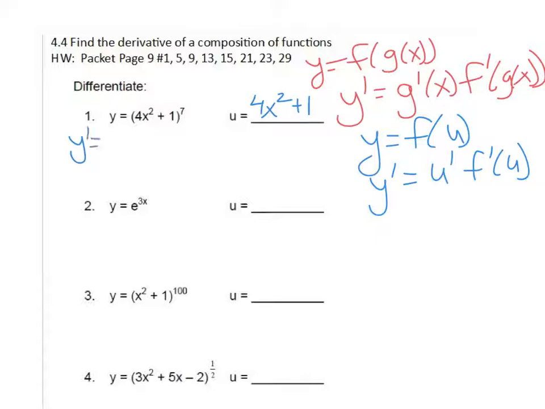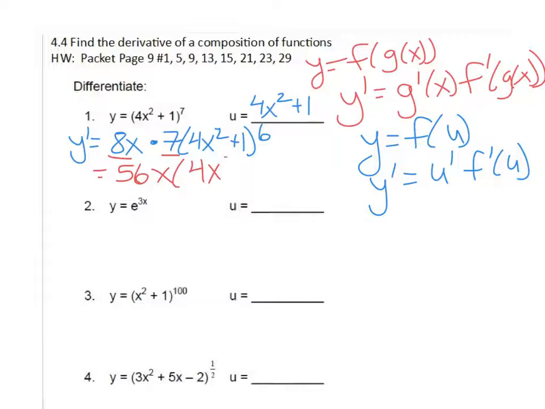So the derivative is going to be the derivative of 4x squared plus 1, which is 8x, times then the derivative of the original, so the 7 comes down as the power rule, leave the inside alone, to the 6th. And then we can combine our like terms. We can multiply 8x and 7 and get 56x times 4x squared plus 1 to the 6th.